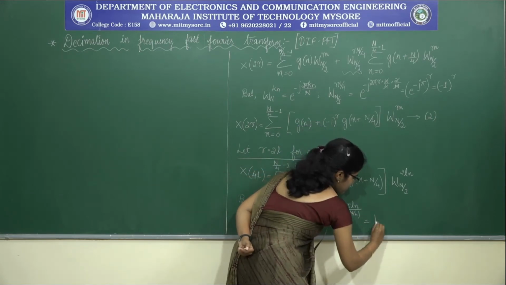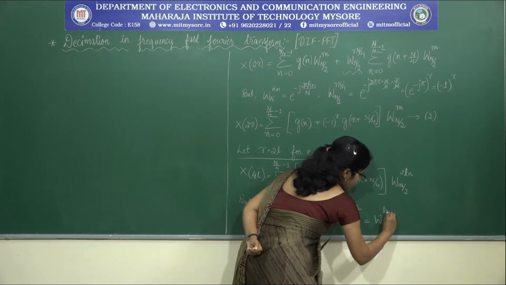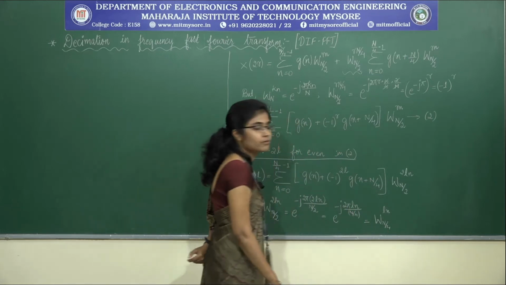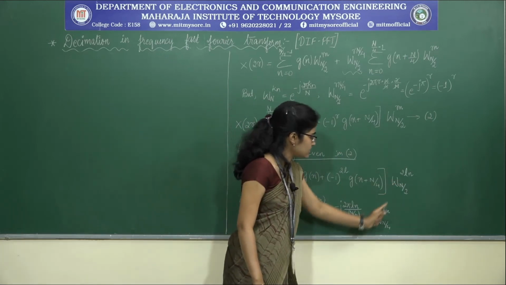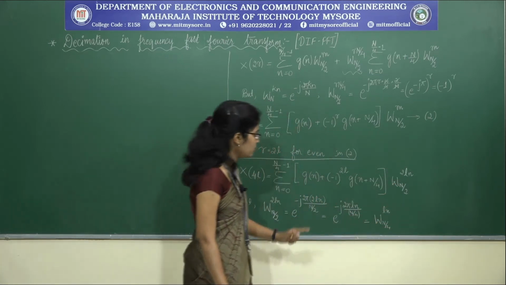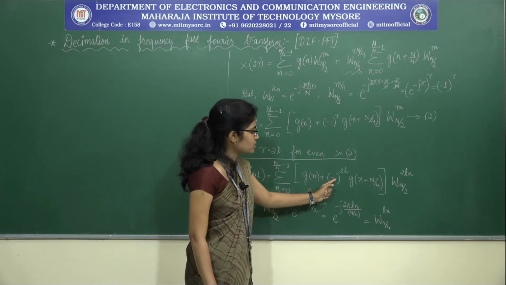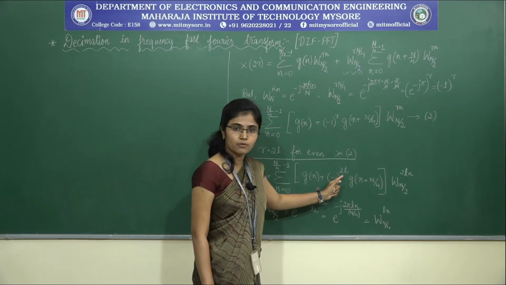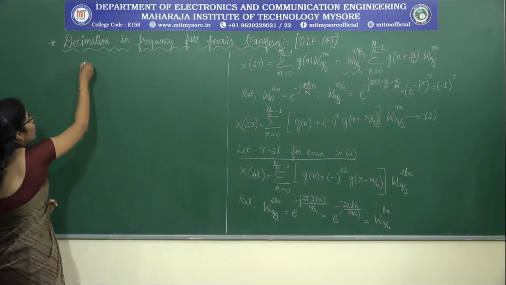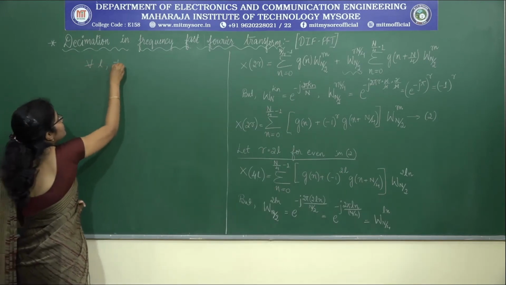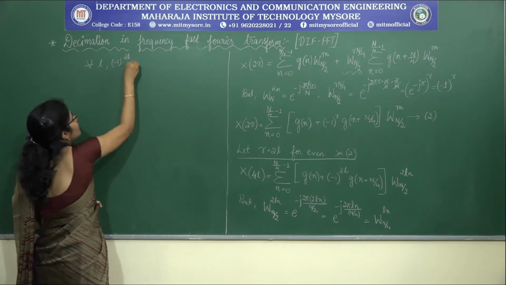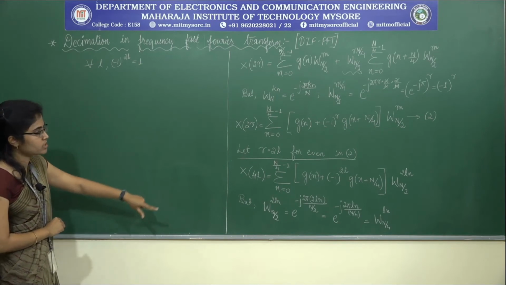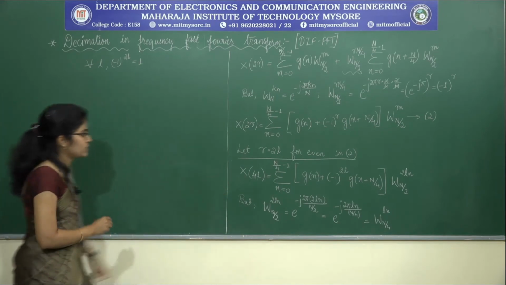If I write this in terms of twiddle factor, I can write it as omega N by 4 to the power of ln. So, instead of this, I can replace it with this. Now, I need to find out the value for minus 1 to the power of 2l. If l is equal to 0, minus 1 to the power of 0 is 1. So, for all values of l, minus 1 to the power of 2l will be equal to 1. So, let us substitute these two things in this particular equation.